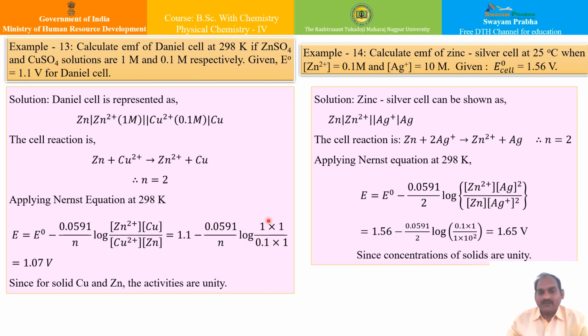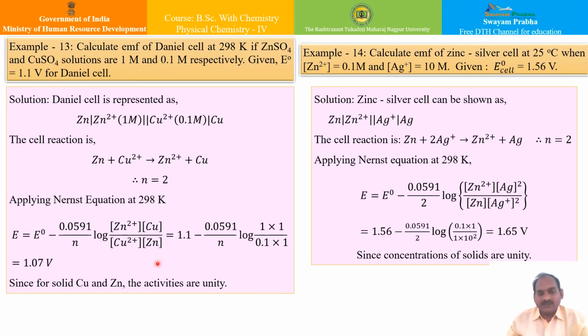All the values are with us, and therefore if I solve this, I get the value as 1.07 volt, because I know that the number of electrons involved is 2. So if I substitute this value as 2, I get the final value of EMF equivalent to 1.07 volt. I can calculate this way for any number of numericals or examples. I can calculate the EMF of the cell by putting the values of their concentration in the Nernst equation.